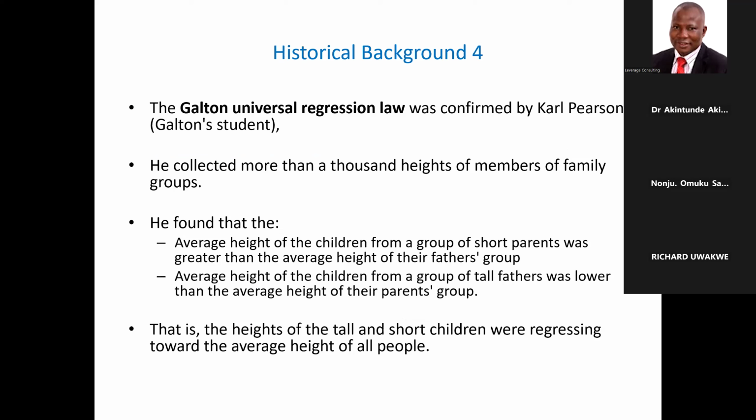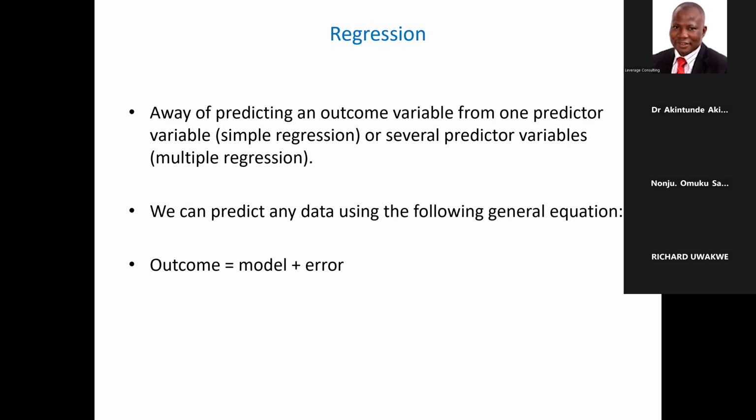Also, the average height of the children from a group of tall fathers was lower than the average height of their parent group. That is, the heights of the tall and short children were regressing towards the average height of all people.